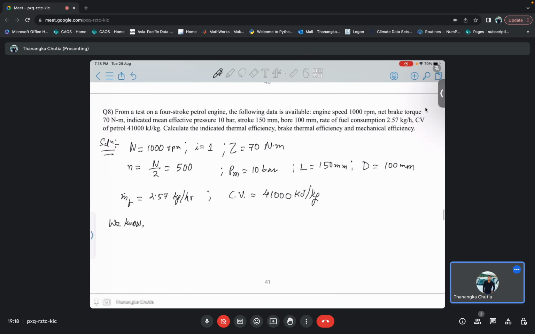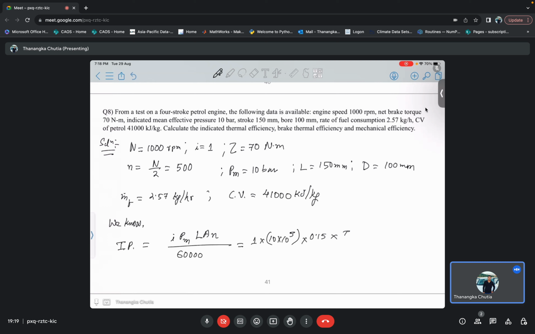Okay, so we know indicated power is equal to I P m L A n divided by 60,000. Okay, so I is equal to 1. What is P m? 10 into 10 to the power 5. This is in Pascal I have written. L is 0.15.